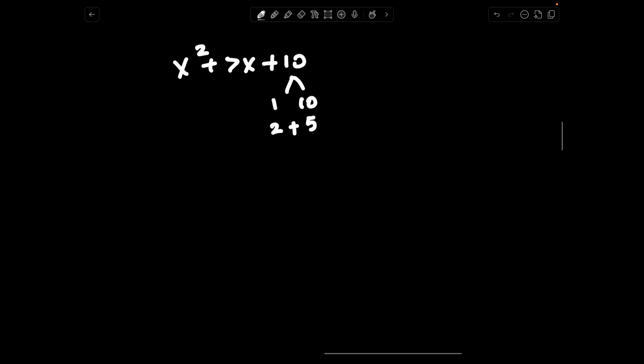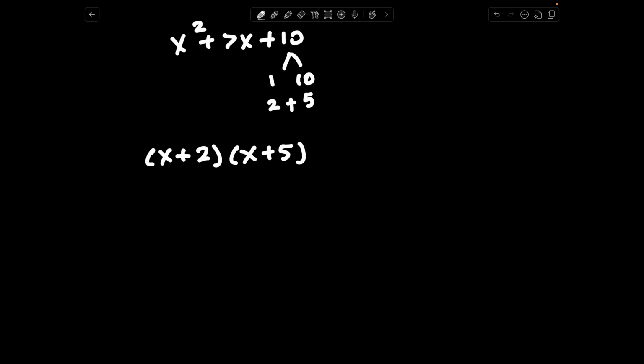You're always going to do x plus or minus something. So we're going to be adding 2, and then x plus or minus that second number, plus 5. Boom. That's it.